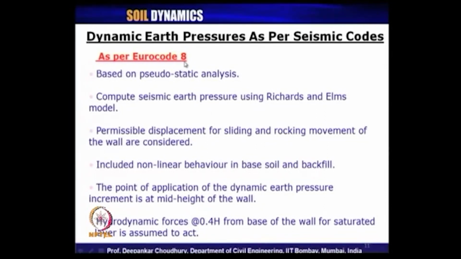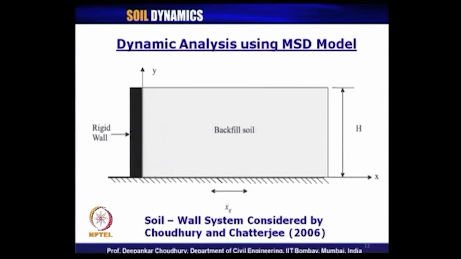Eurocode 8 also had a 1998 version, later on they revised it in 2003. So, like that, frequently they revise their code as research developments keep on going across the world. Similarly, the NEHRP code is available for the US, and UBC is also available for the US. Mostly NEHRP is considering geological guidelines, and NEHRP code 2003 is probably the latest one.